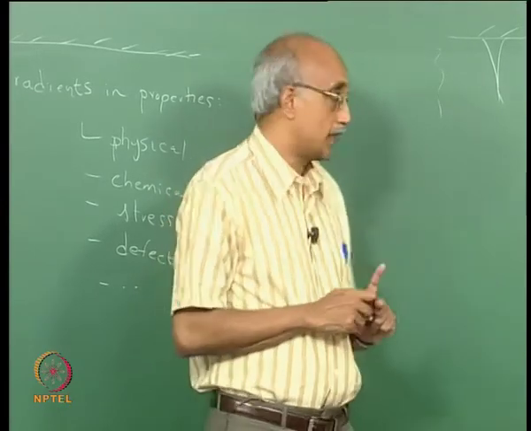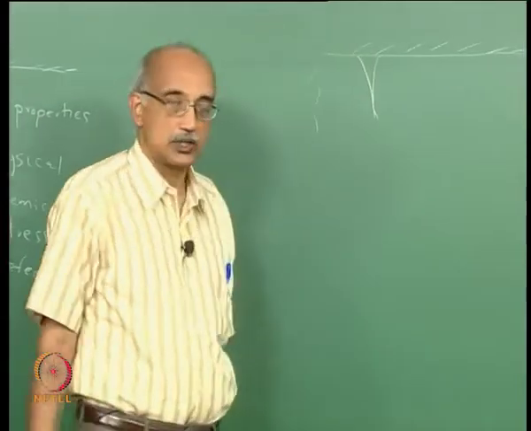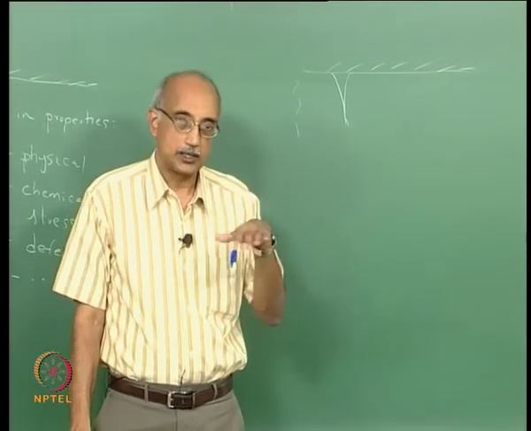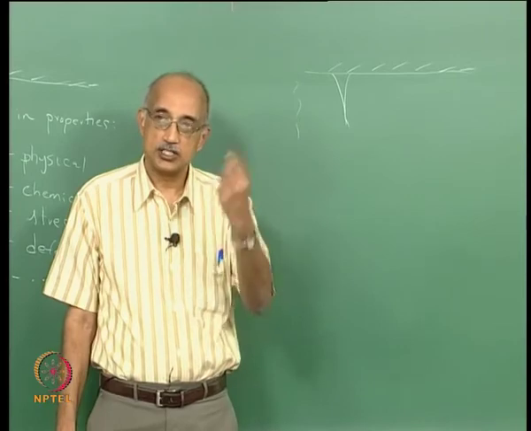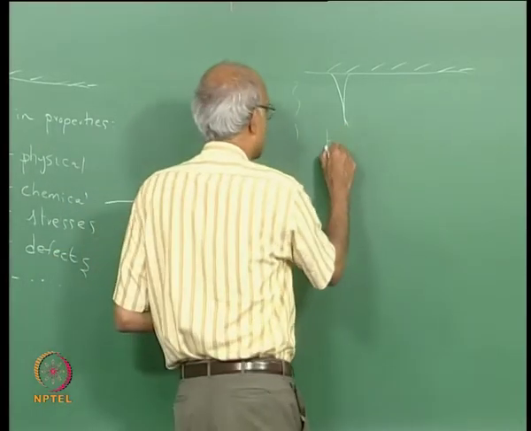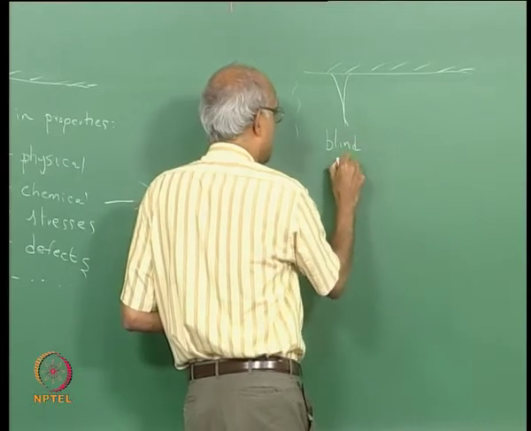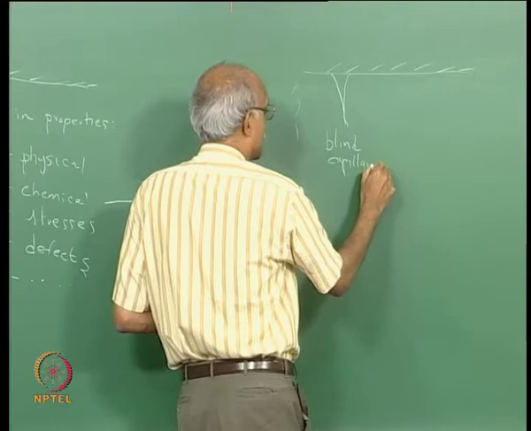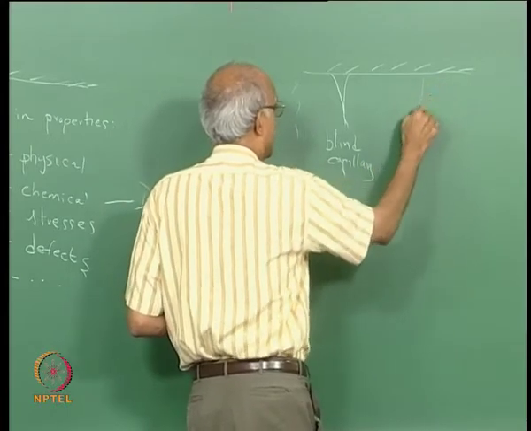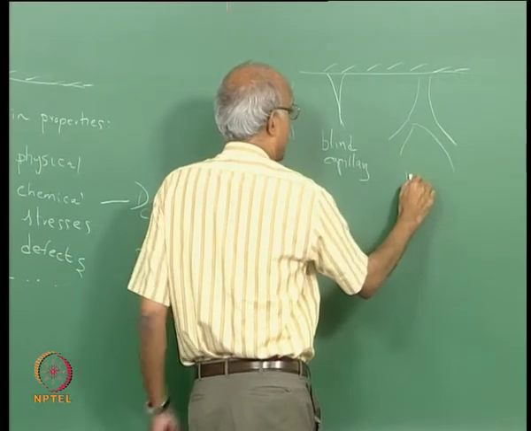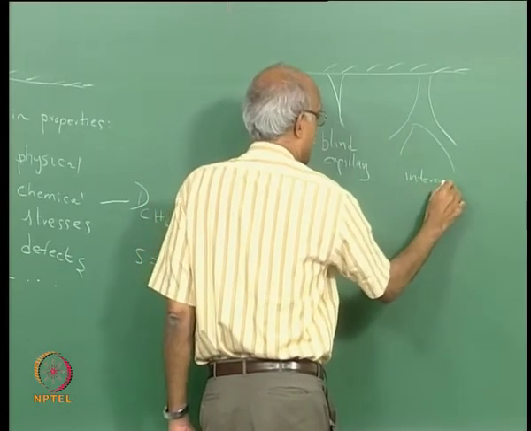In particular, when you have a liquid that is interacting with the solid surface, in order for the liquid to wet beneath the surface, you need some capillary action. So there are two types of capillaries that exist. One is the blind capillary, and the other type is the open or interconnected capillary.